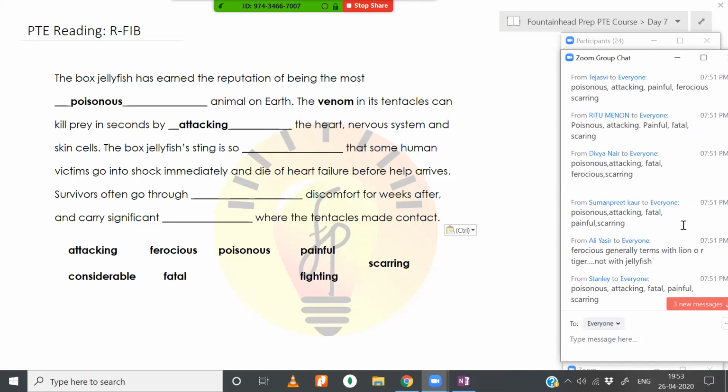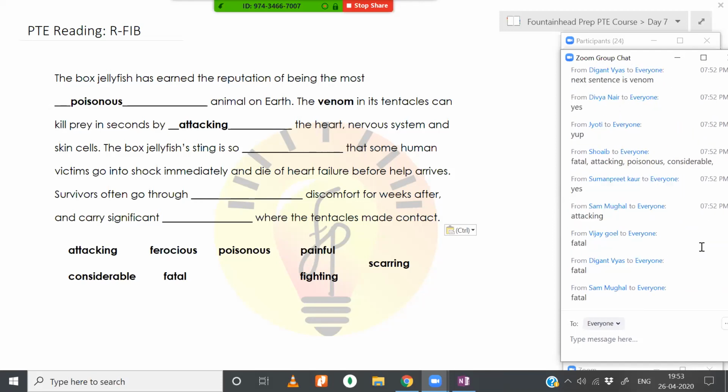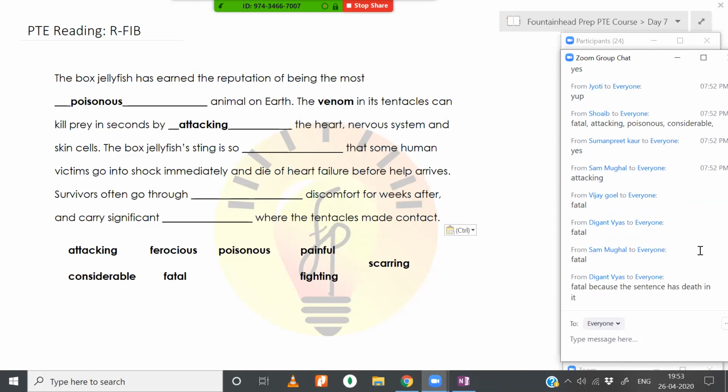Most of you have answered it as fatal, and some of you as painful, because the sentence has depth in it. Agree. But this is somewhat tricky. Fatal is not the right answer. The right answer is painful.